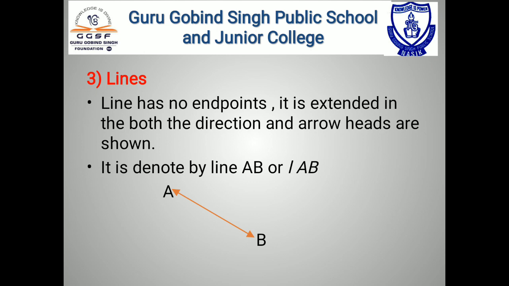As shown in the figure, arrowheads are drawn at point A and B. This arrowhead indicates us that the line can be extended in both the direction. So line AB, or you can write line AB.